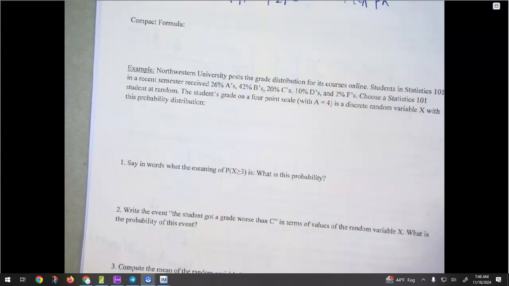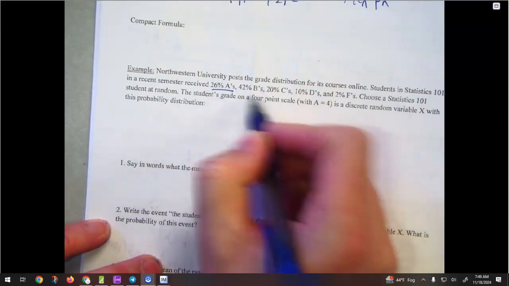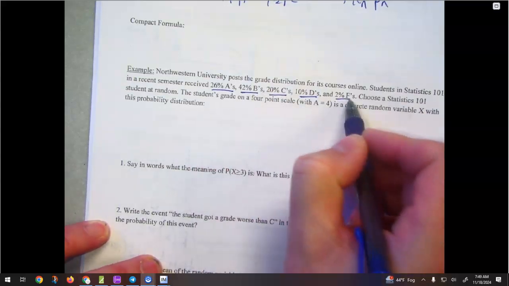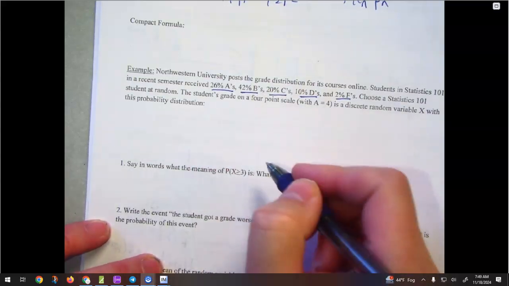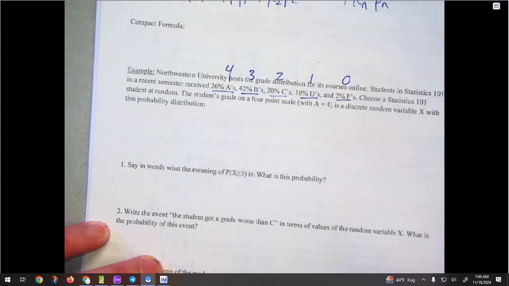Northwestern University. So we've got A's, B's, C's, D's, and F's. A's are 4, B's are 3, C's are 2, D's are 1, and F's are 0. Here's GPA.